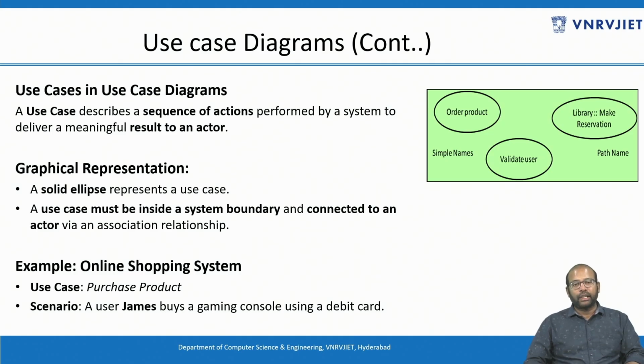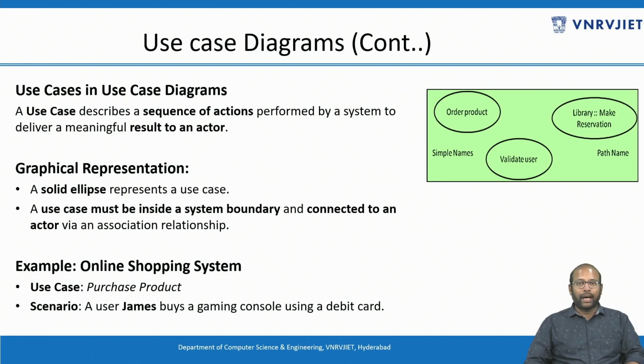In this ellipse shape, when you write something about that particular use case, there are simple names, and we also have path names. Simple names are represented like this. When you see the right side picture, order product or validate user are simple names.